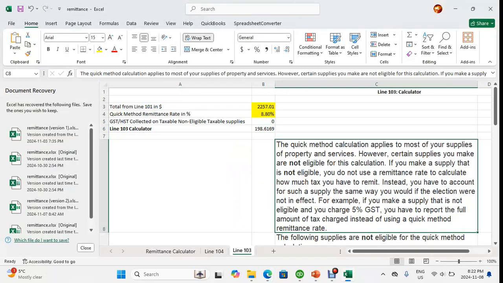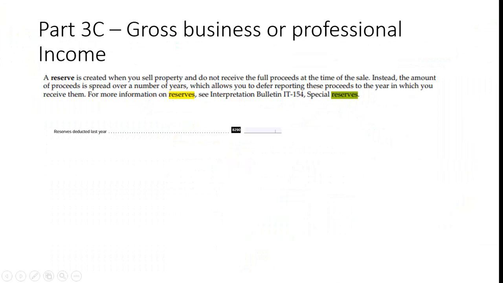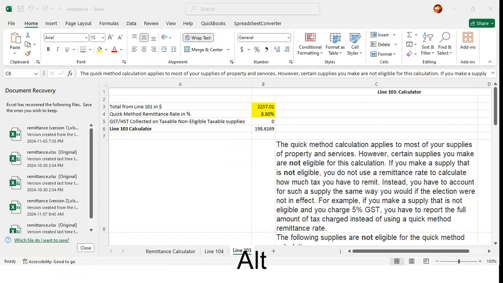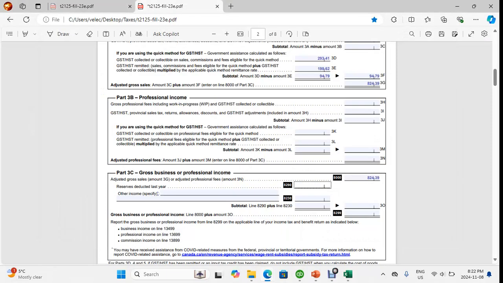So let's say you made $200 last year, so you'll need to type in $200 in here. If you made no income last year, if you did not receive anything at all, you leave this one as it is, so 0.